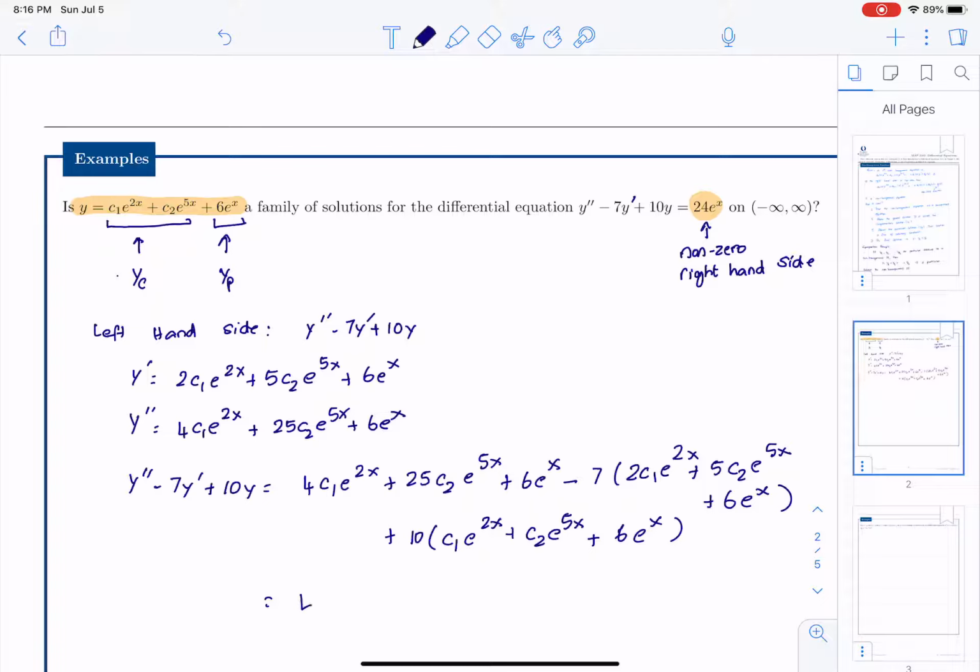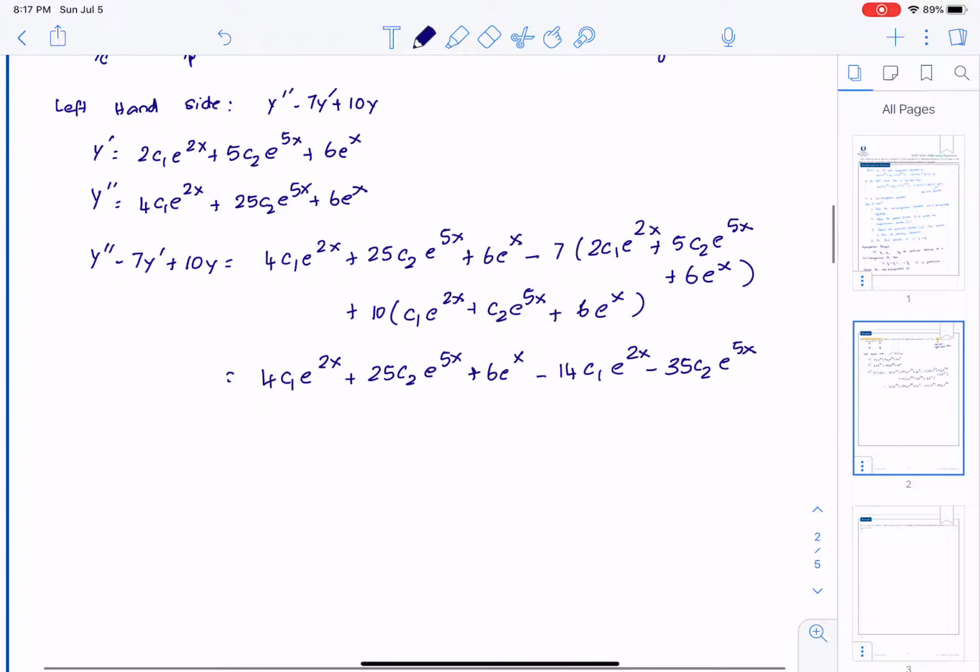Distribute, we would have 4c1 e raised to 2x, 25c2 e raised to 5x, 6 e raised to x, minus 14c1 e raised to 2x, minus 35c2 e raised to 5x, plus 10c1 e raised to 2x plus 10c2 e raised to 5x plus 60 e raised to x.